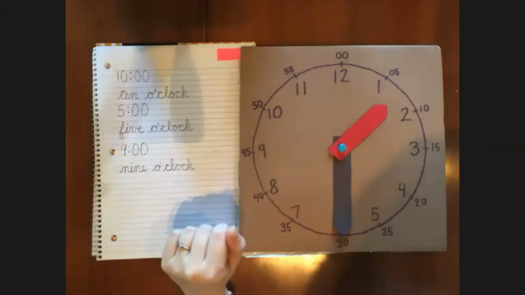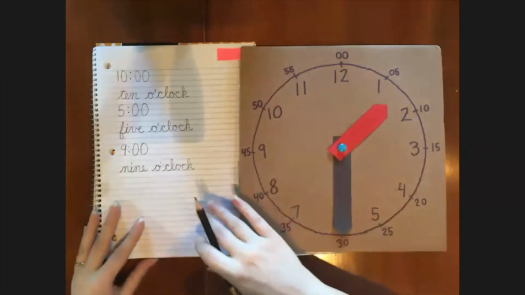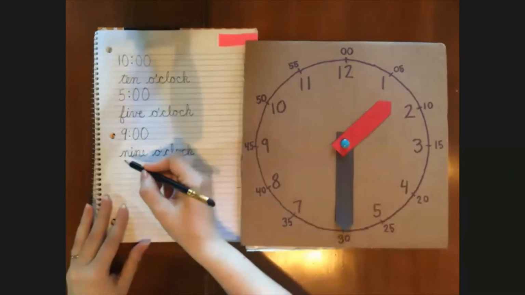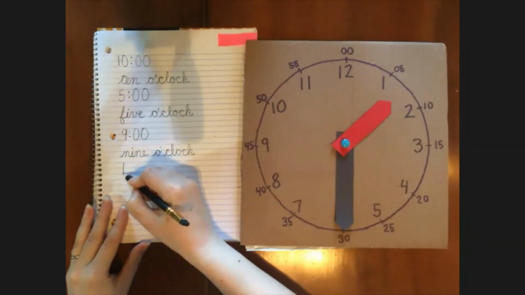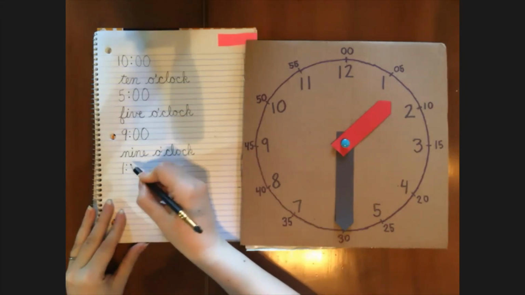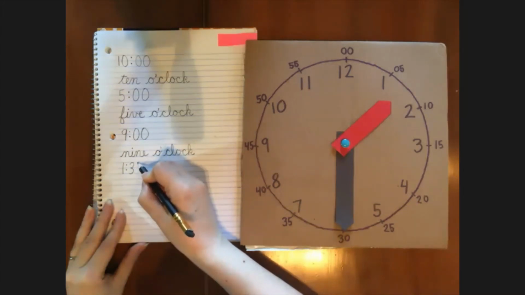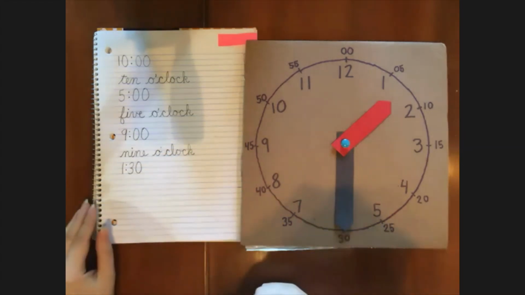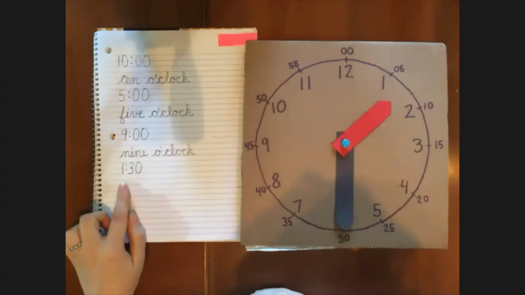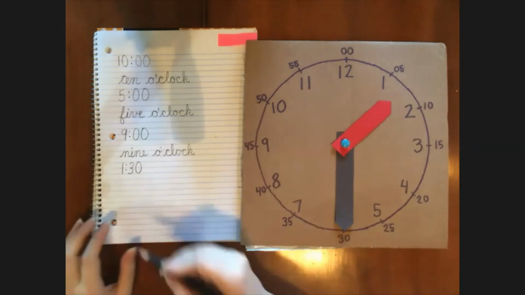So let's write down 1:30. We can do a 1 and then our colon. And then the number 30. So this says 1:30. Now let's write it out with words.